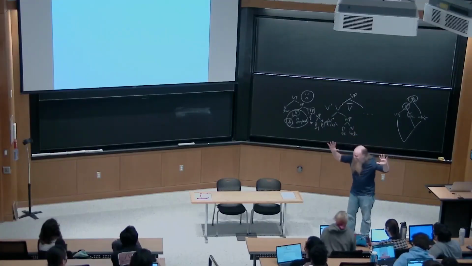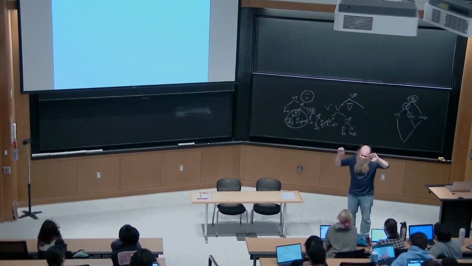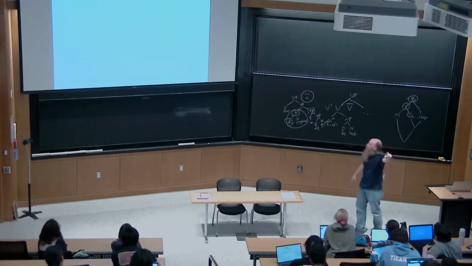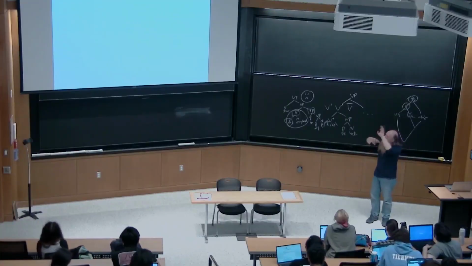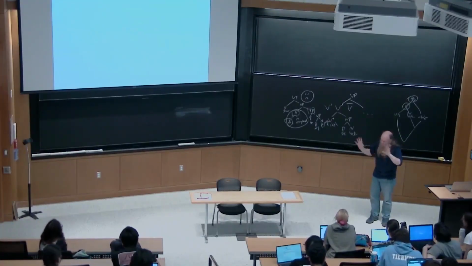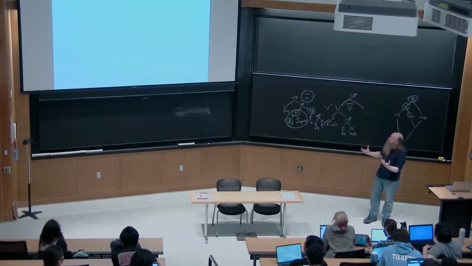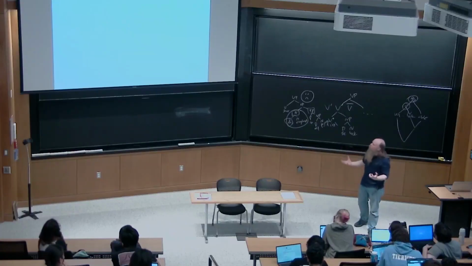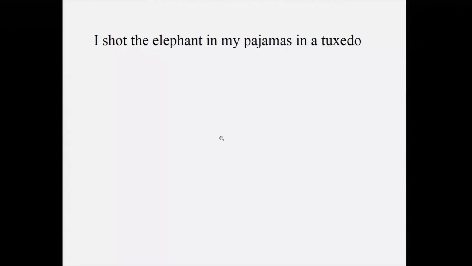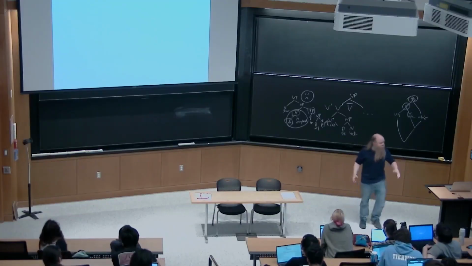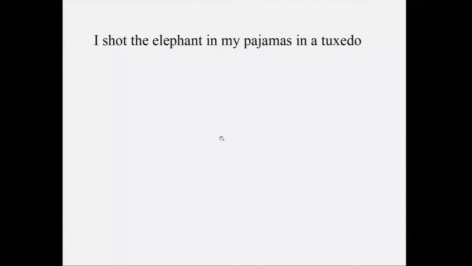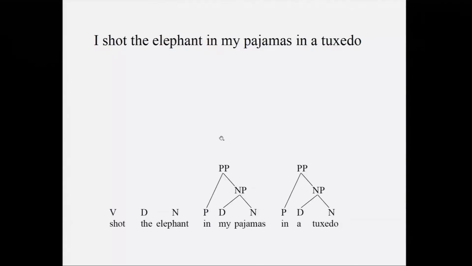So, no, there are two sets of clothing and two entities, and I am also not an elephant, just in case any of you were thinking of that. And the clothes are not nested or mixed or anything like that. There is a set of pajamas and there is a tuxedo, and somebody's wearing the pajamas, somebody's wearing the tuxedo. Who's in what? The elephant is in the pajamas and I'm in the tuxedo. Can't be the other way around. And we can kind of see why. We'll see if I was smart enough to draw a tree in the next slide. Yes, I was, hot dog.